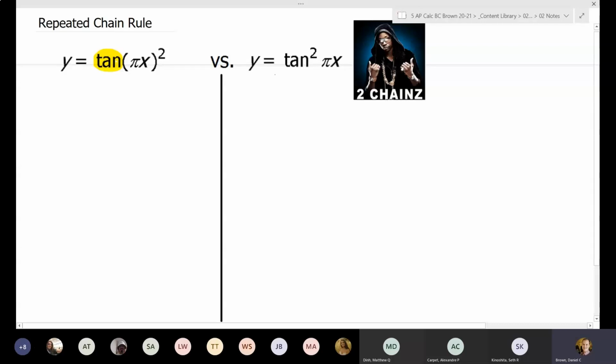What's going to be the next function inside of tangent? Something squared. So that's going to be on the next inside. And then we have the very inside, pi of x.